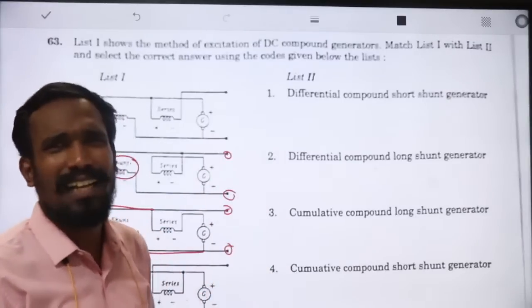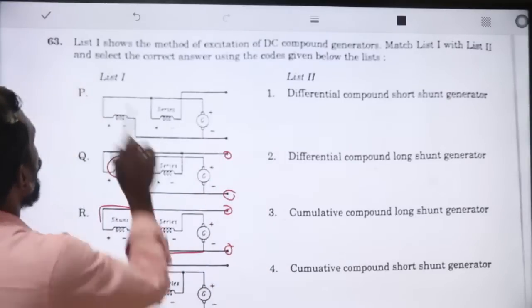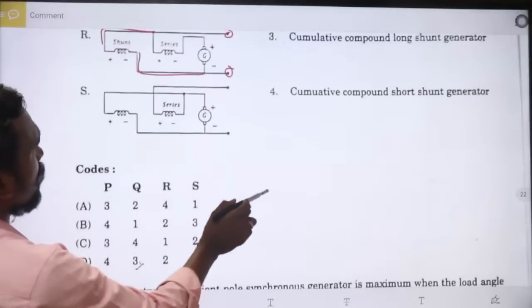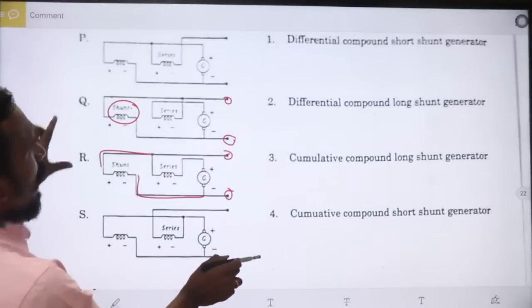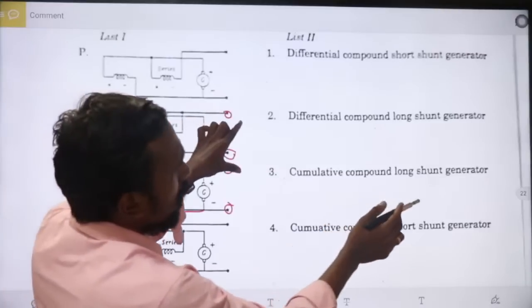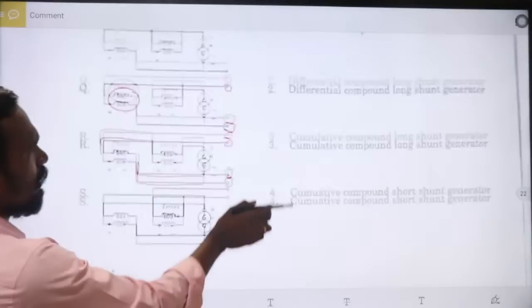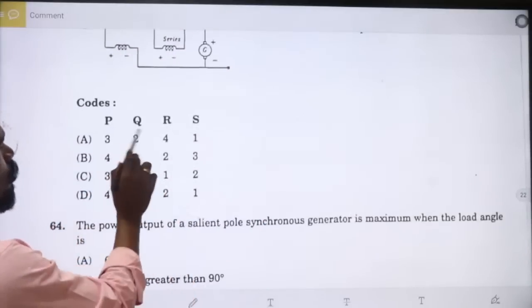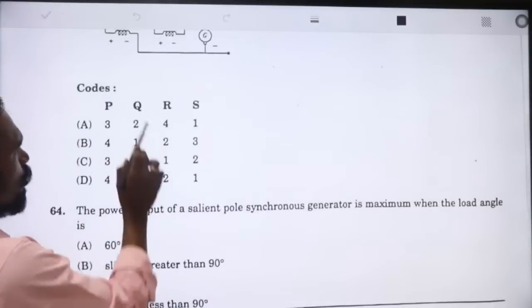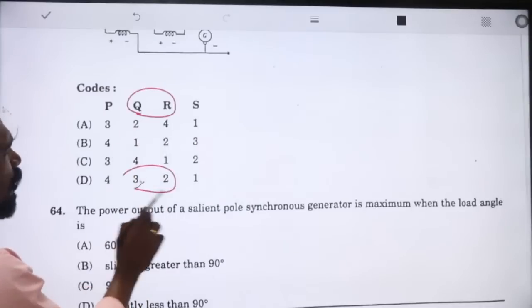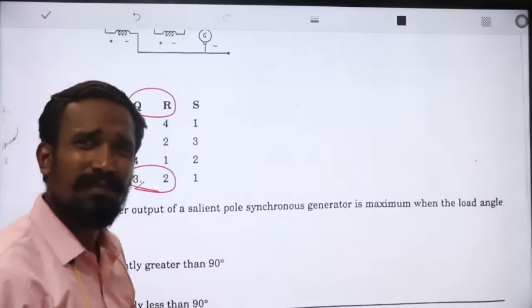That's enough, sir, actually. Once go to these options, Q and R are long shunt. Where is long shunt? 3 and 2, 2 and 3, Q and R, 2 and 3, only one option is there, sir.